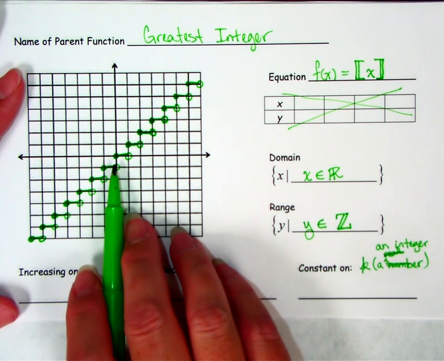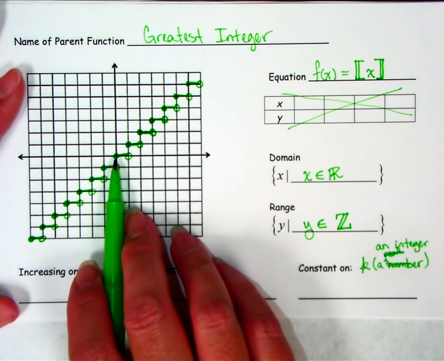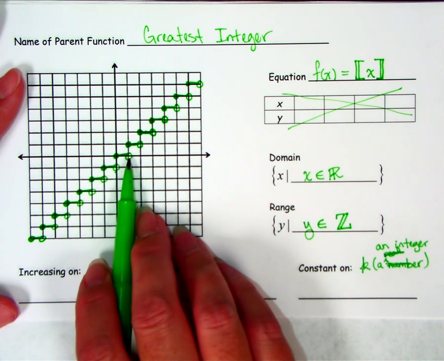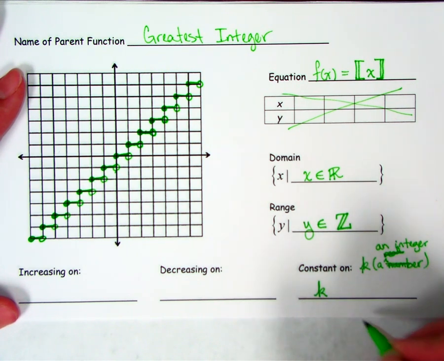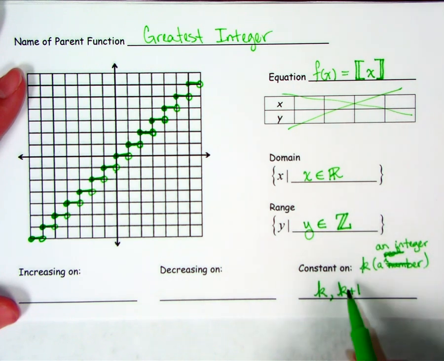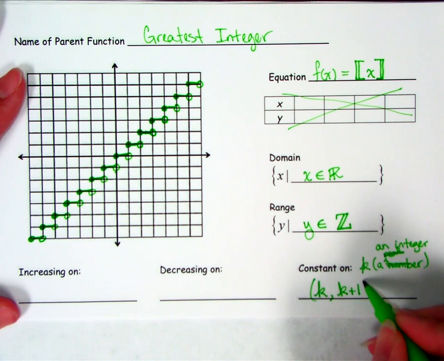And if I wanted to say that it's going to be constant from any integer to the next integer, then I could express that by saying it's from k, one integer, to k plus 1. That would be one number bigger. And then I put that in parentheses.